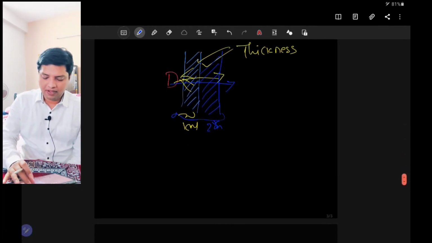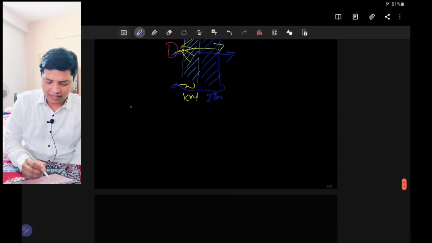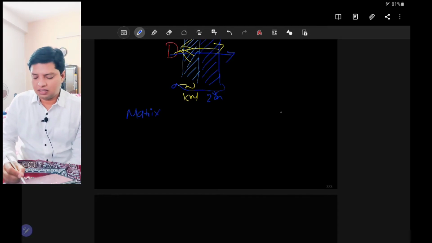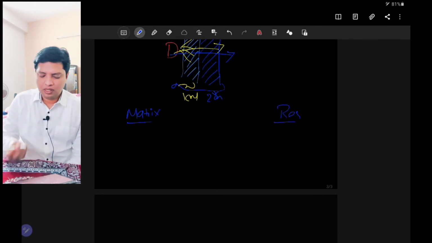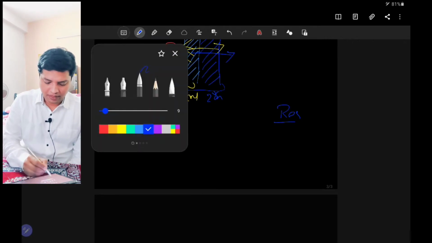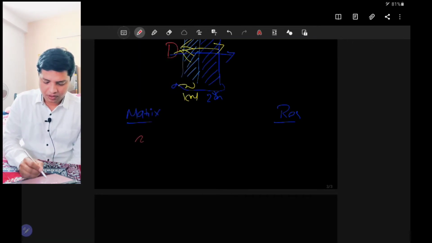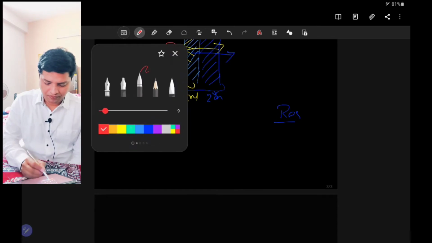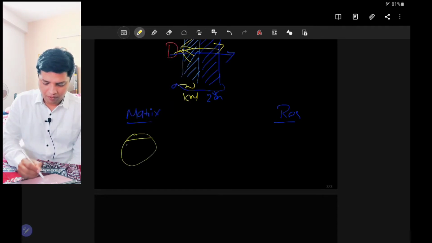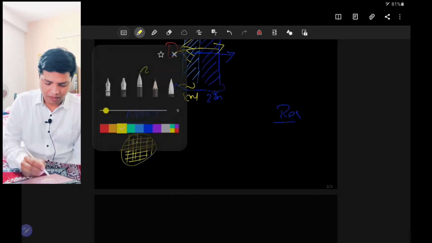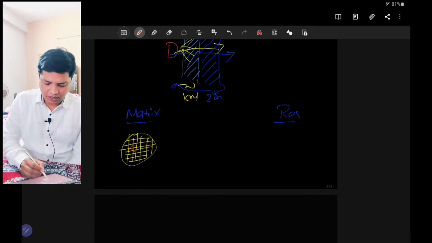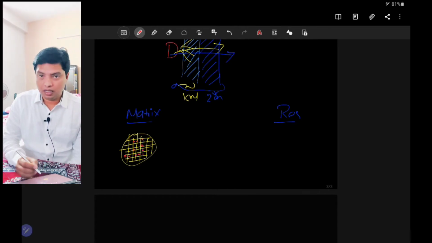Again we have two types: one is matrix and the other is reservoir. Matrix means there will be a drug and a polymer, and we mix the drug and polymer thoroughly, so the drug is distributed in the polymer like this.